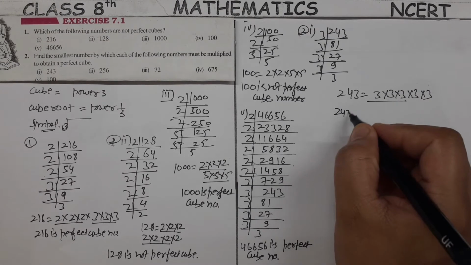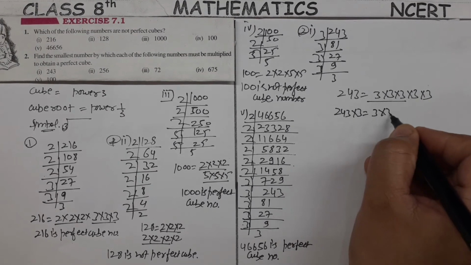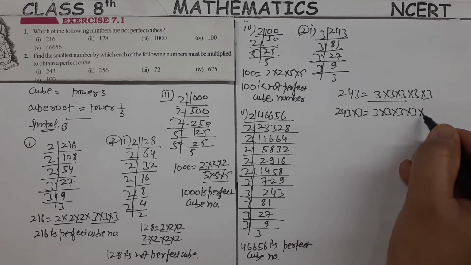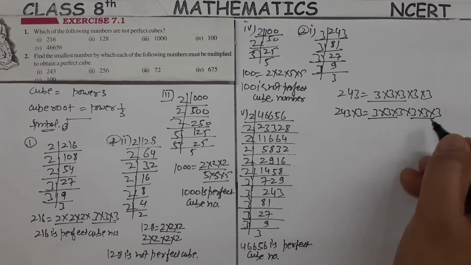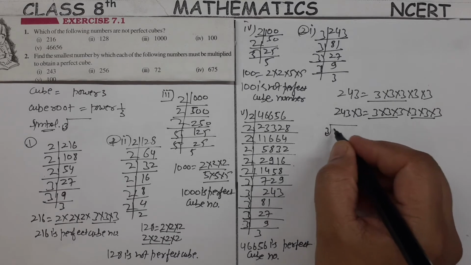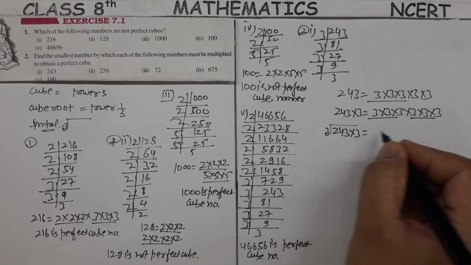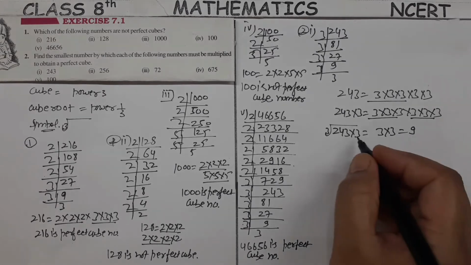That's why we multiply both sides by 3. Now make a triplet, hence the cube root of this number is 9.